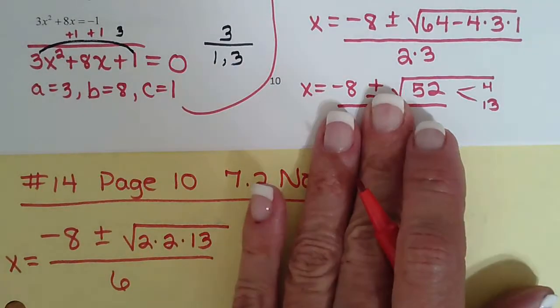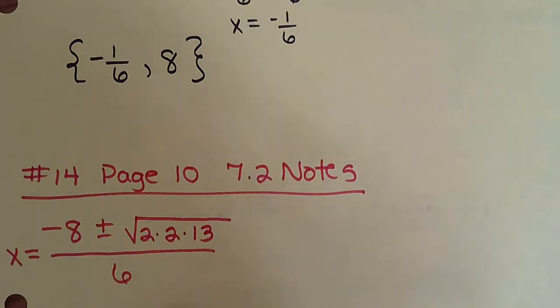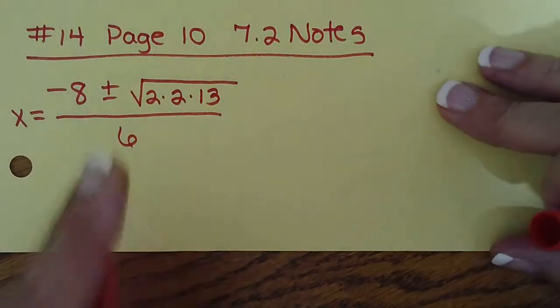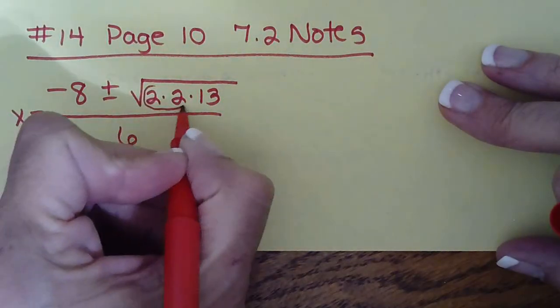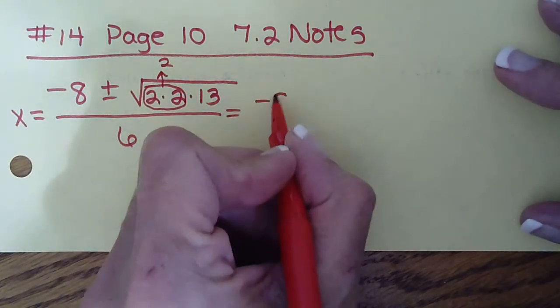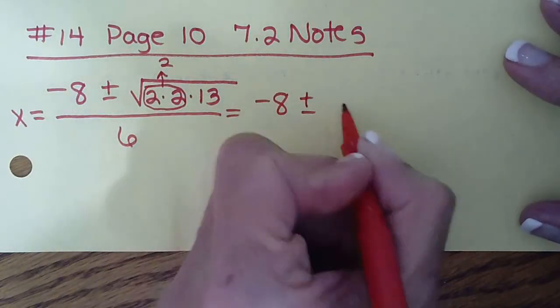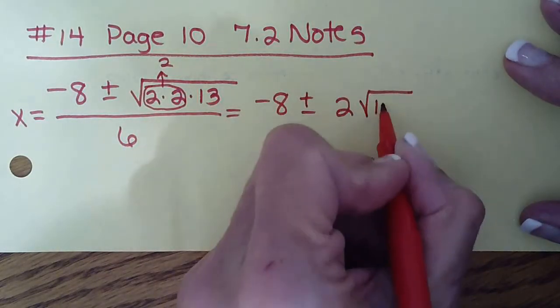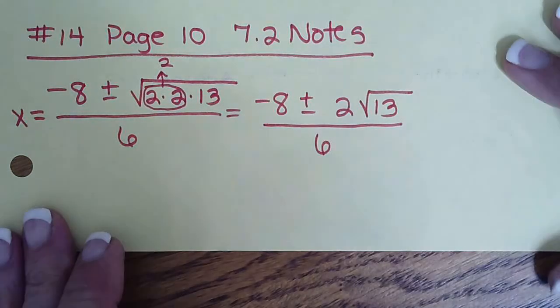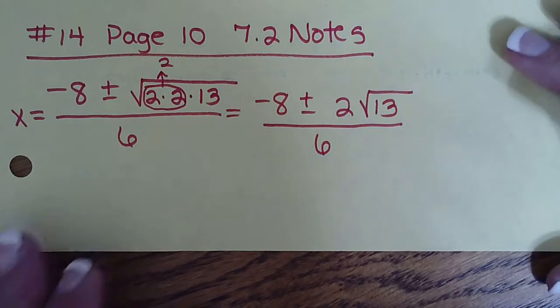So now I'm going to put this other paper away so I can move this one up. So that's going to come out, 2 2s will come out as a single 2. So that's going to be -8 plus or minus 2 rad 13 over 6. And then you have to ask yourself, is there a GCF?